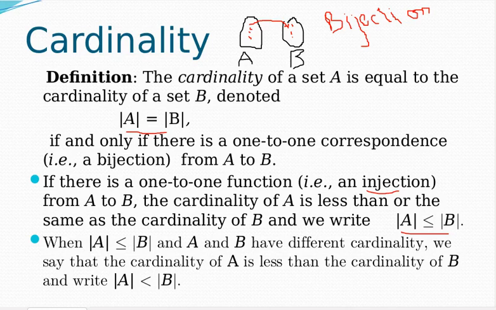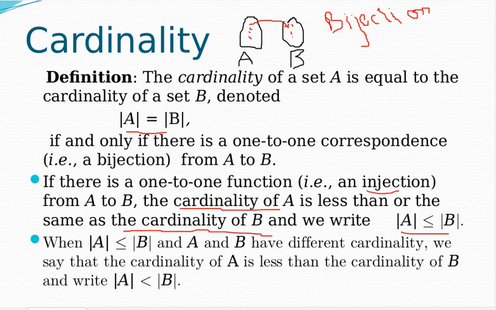Still, all the elements of A are catered for and mapped to one element of B, which would mean that the number of elements in set B is greater than or equal to the number of elements in set A. So in that case, we write that the cardinality of A is less than or equal to the cardinality of B. Okay, so this is how we write it.